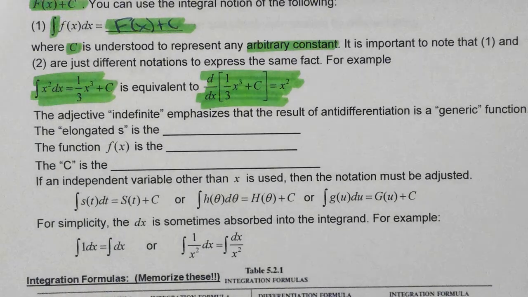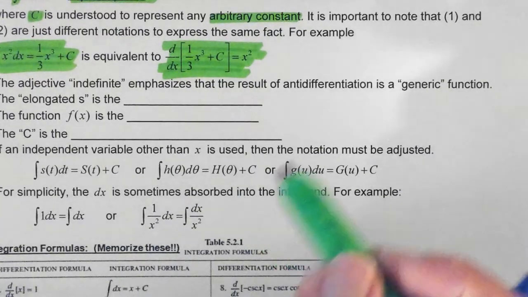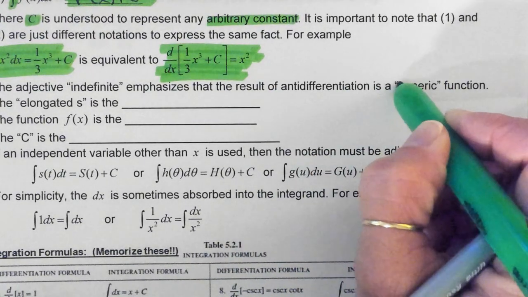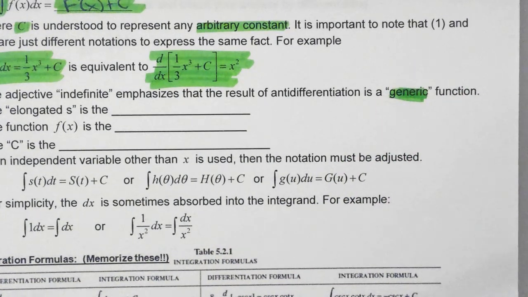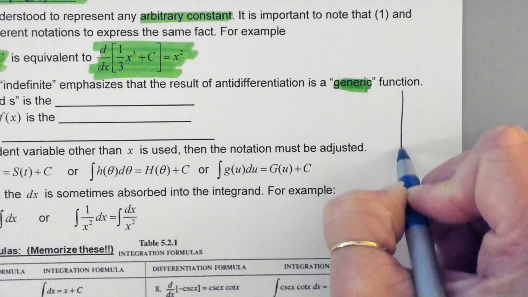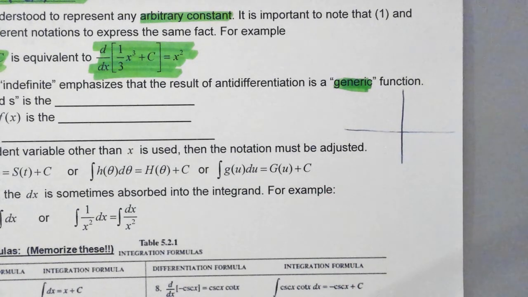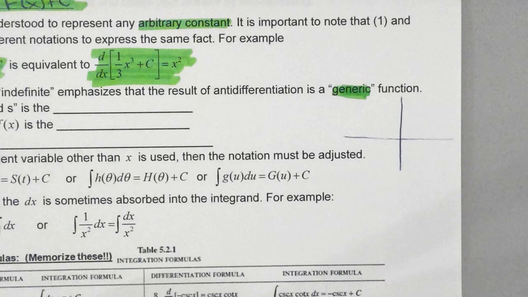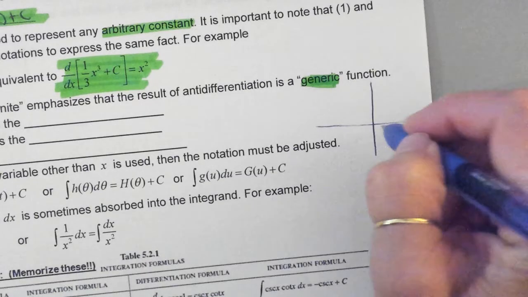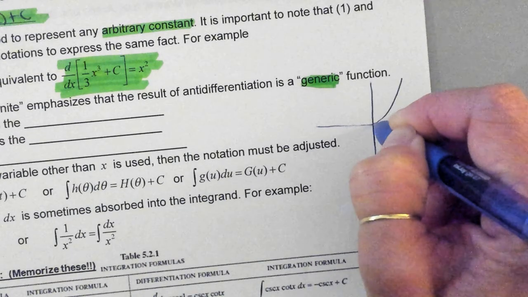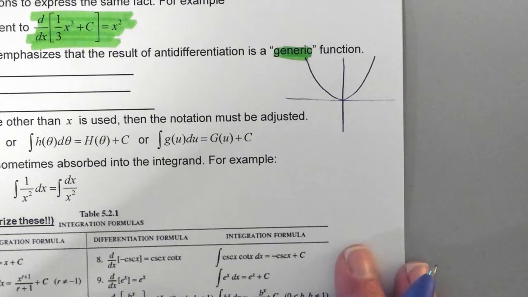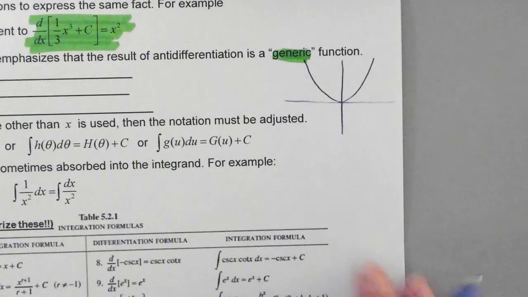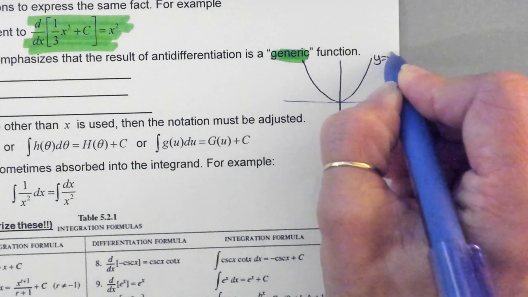All right. So here we have the adjective indefinite. And basically what this means is that your result is going to be a generic function. All right. So I'm going to show you an example, and we're going to take a look. What is the equation for that function? Okay, so this is y is equal to x squared.